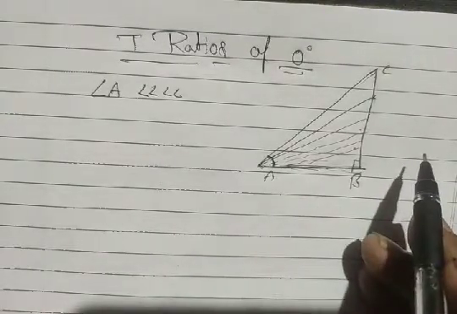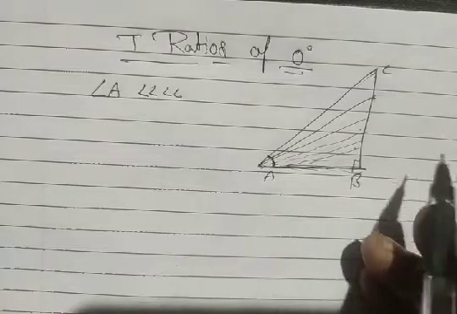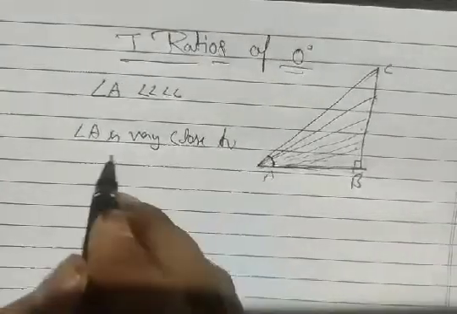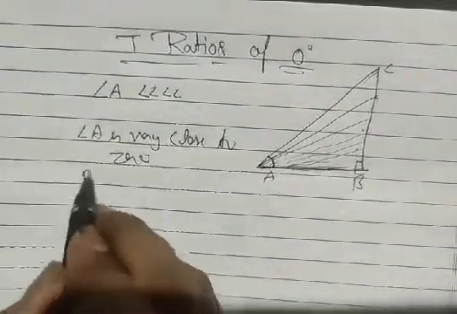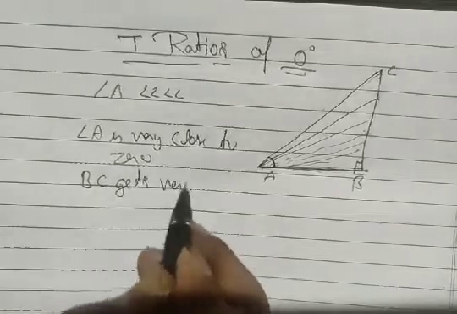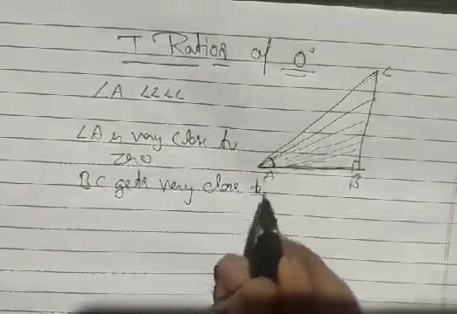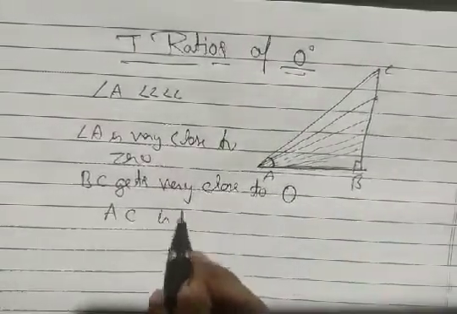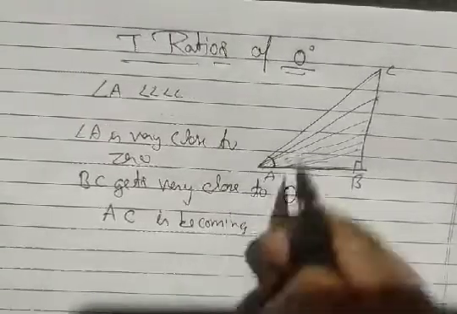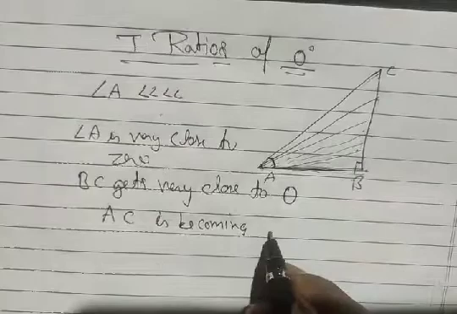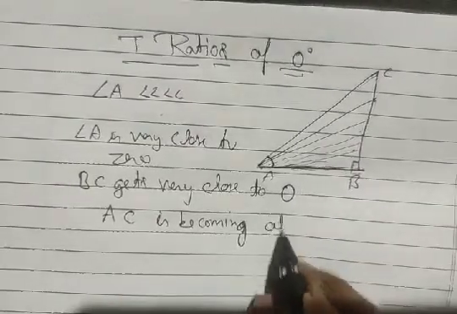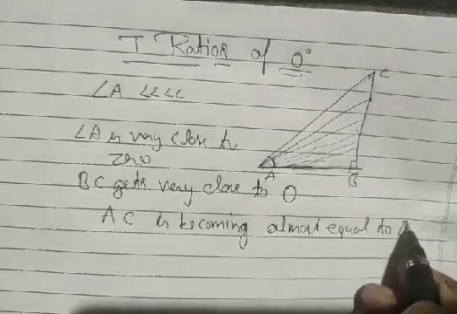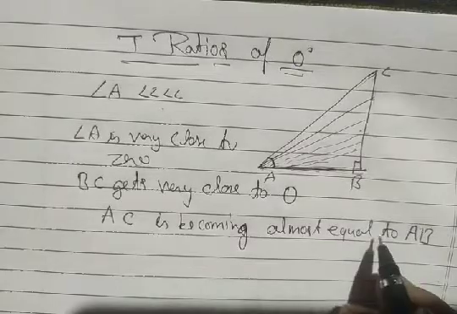Now when angle A is very close to 0, BC gets very close to 0. And since AC coincides with AB, AC becomes almost equal to AB.